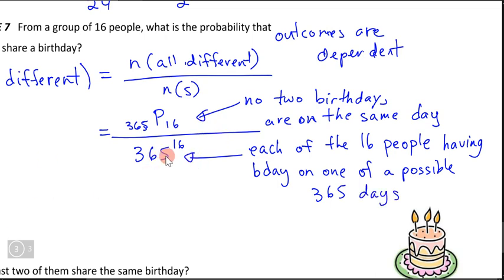So the bottom part counts all the possible outcomes, even if you have multiple people with the same birthday. Okay. The top part only counts the arrangement of 16 people having individual birthdays, unique birthdays.